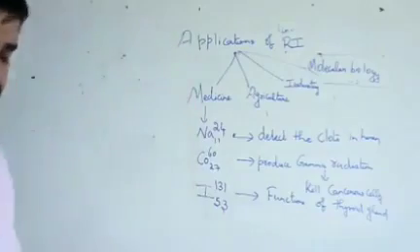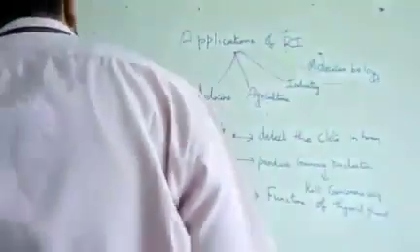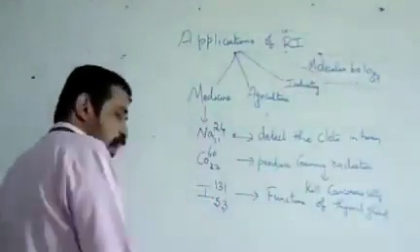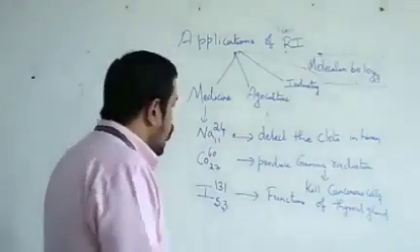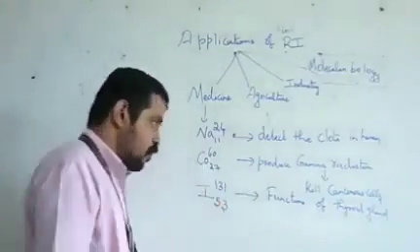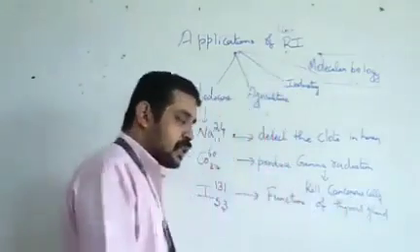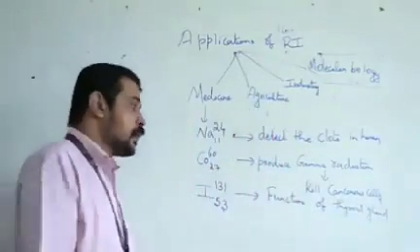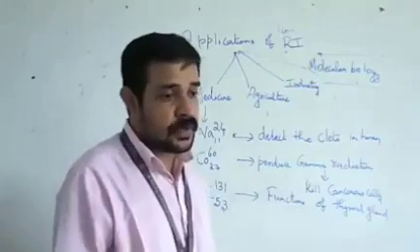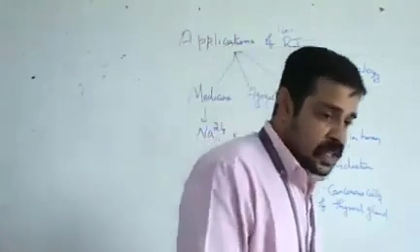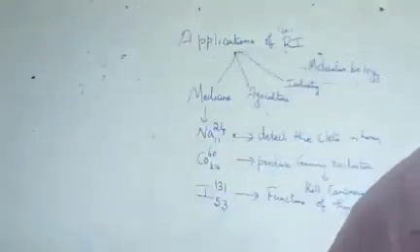Now basically when we use these radioisotopes in our body, we also have side effects. If you take cobalt, which produces gamma radiation, that is able to kill the cancerous cell, absolutely fine, but it is also going to kill the normal non-cancerous cells.